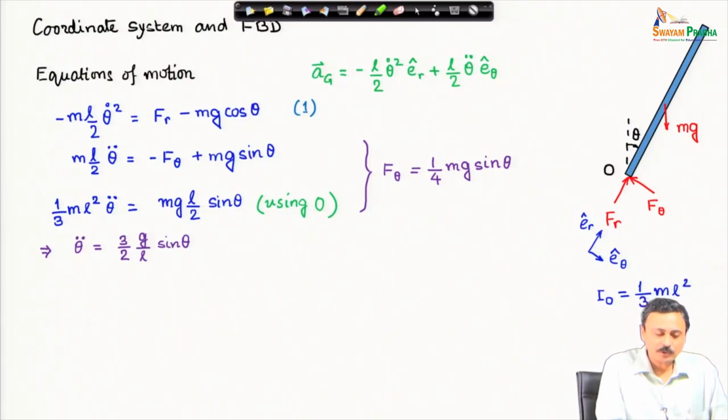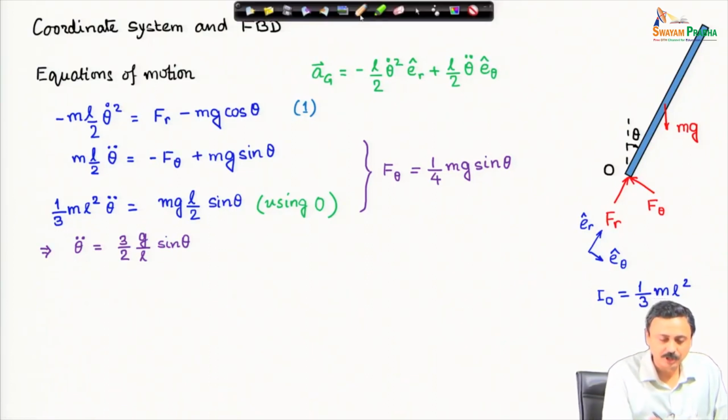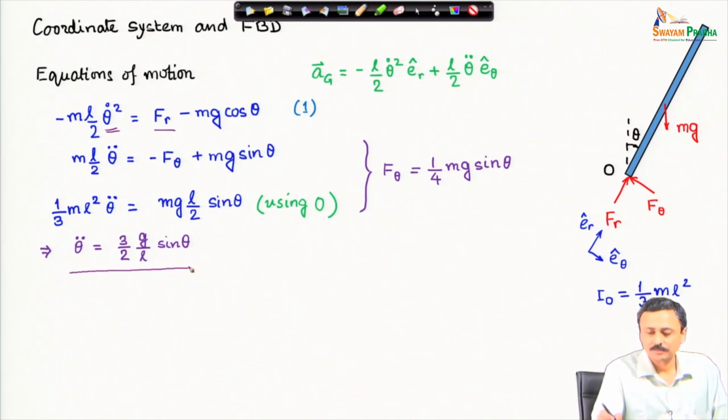This theta double dot equation here I have written also separately. So, theta double dot is a function of theta. Now, this can be easily integrated, because if I have to find out F_r, I need theta dot square. For that, I need to integrate this equation.